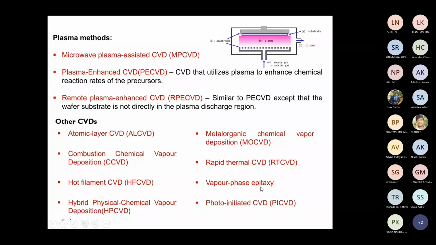I told you, epitaxial growth means the deposited film will mimic the substrate in terms of crystal structure. And photo initiated CVD, which uses light to carry out the CVD.